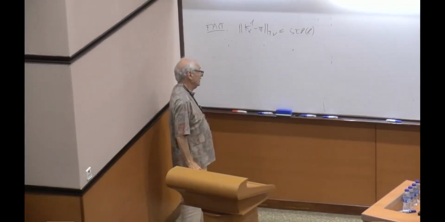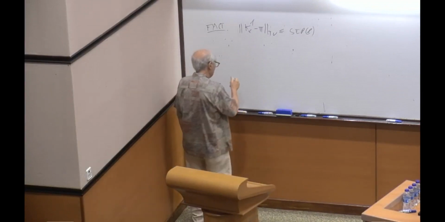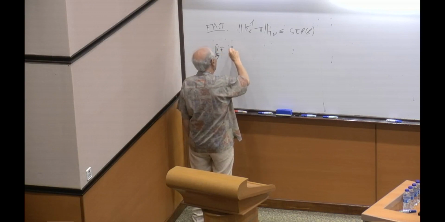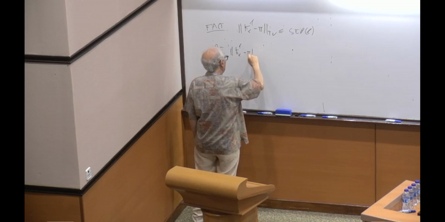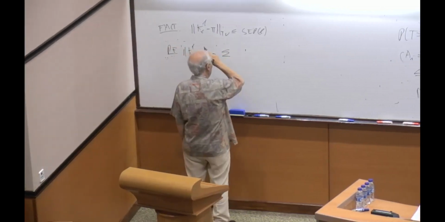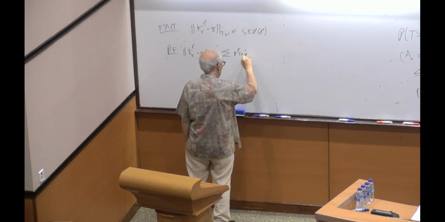And why is that true? Well, one of the many definitions, so proof: the total variation distance starting at x to pi is equal to the sum of, which way to do it, K^L(x, y).